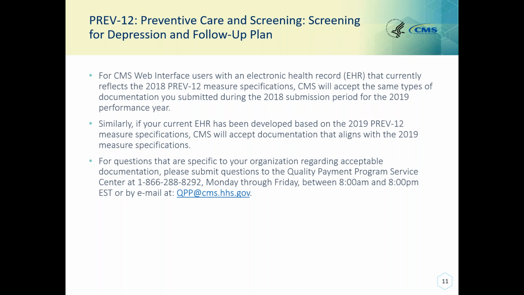In the cases where it hasn't been pre-filled with a yes, you would want to confirm that you have medical record documentation that the flu vaccine was either received or there's an applicable denominator exception that should be selected, and then answer it in that manner. And basically what I'm trying to say is a claim alone would not be sufficient documentation in the cases when it is not pre-filled. Thank you.